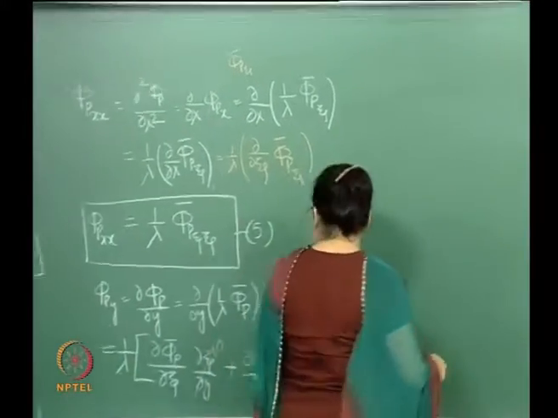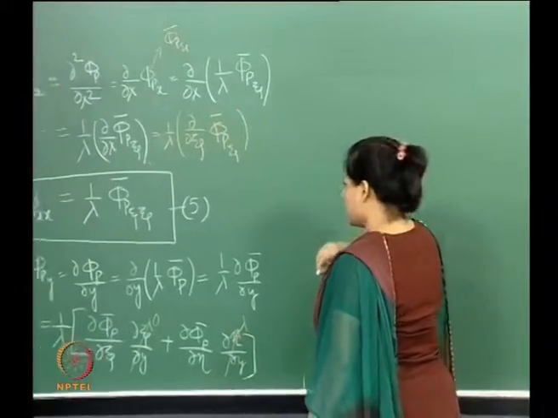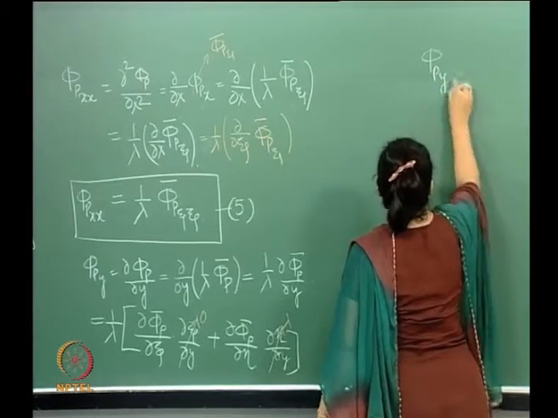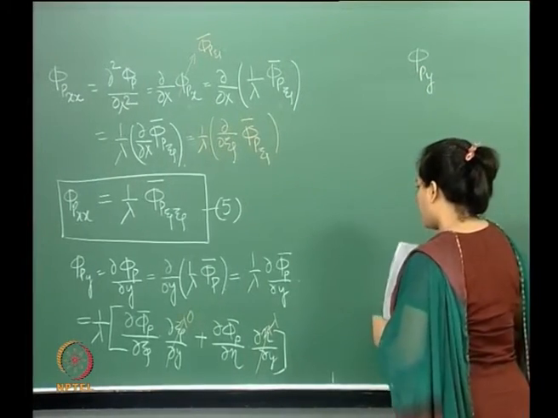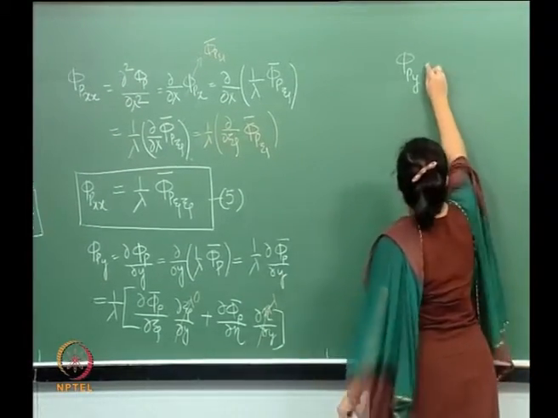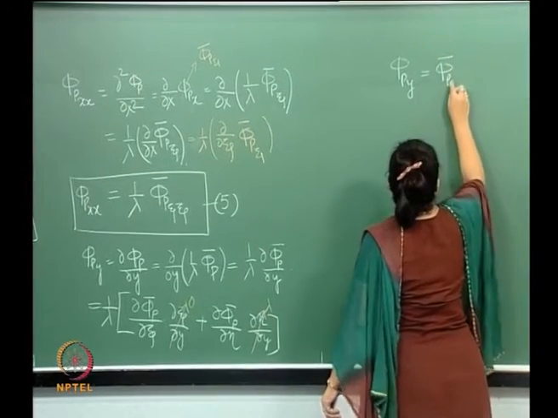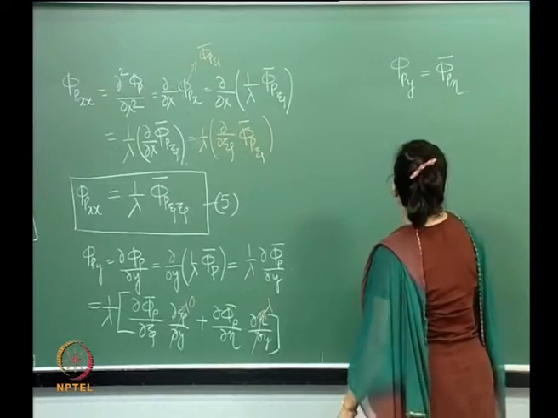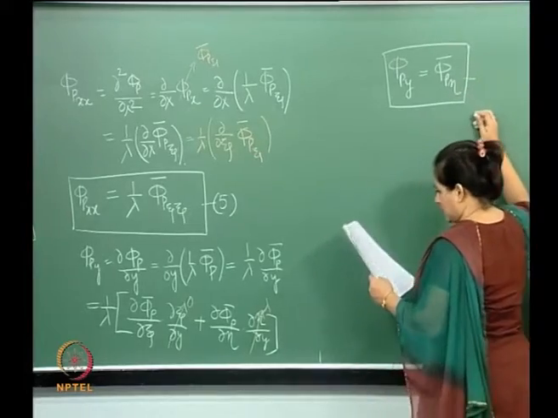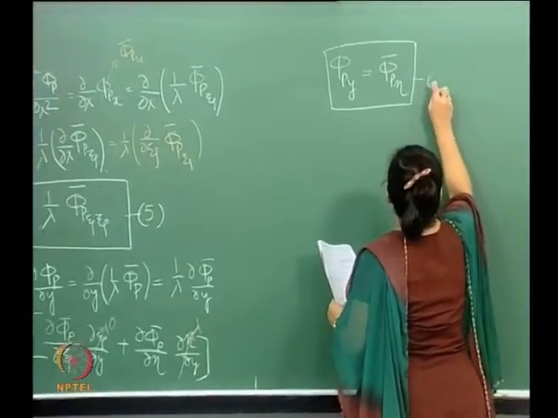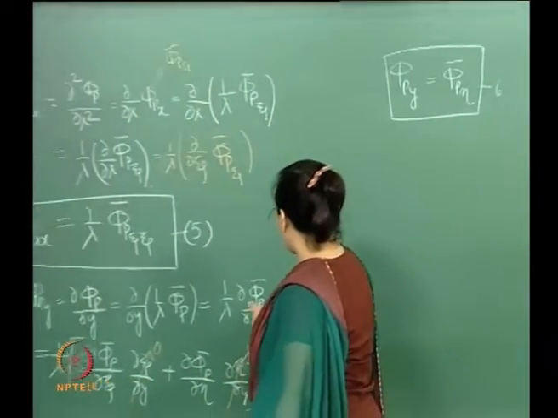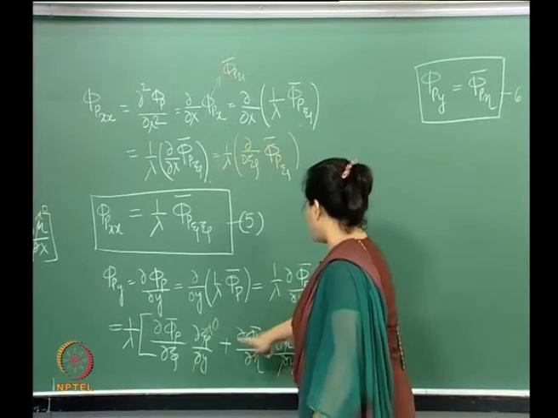So what we get here is phi p y is equal to, this lambda cancels out, phi p bar eta. We can call this 6. Also, del phi p del y, this is just the term in the brackets.